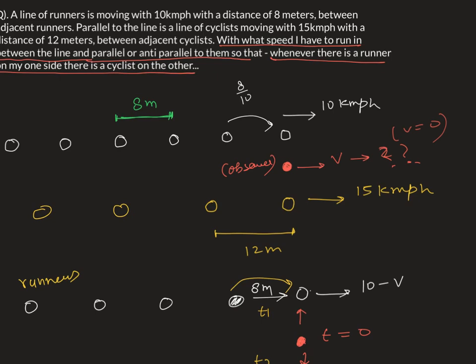And what would be the time required by this cyclist to come over? That will be simply 12 by 15. So if you simplify the things, here the simplified ratio is 4 by 5, and here the simplified ratio is also 4 by 5. Yes, and that is why we can say that the time is same, and that is why the speed should be 0.